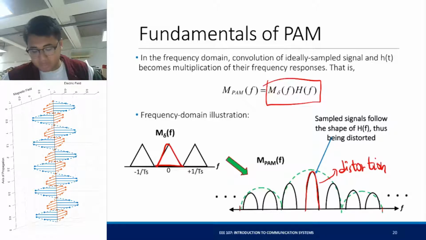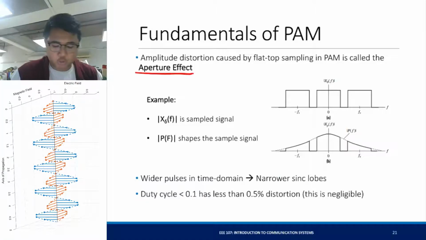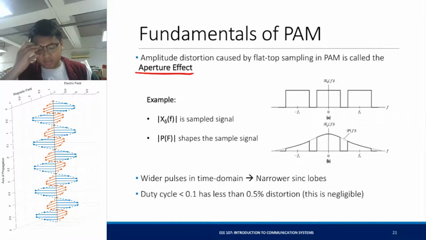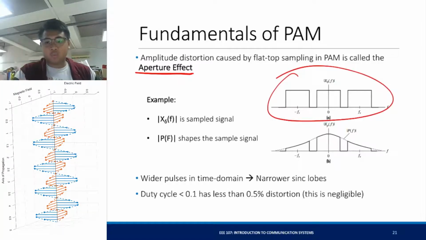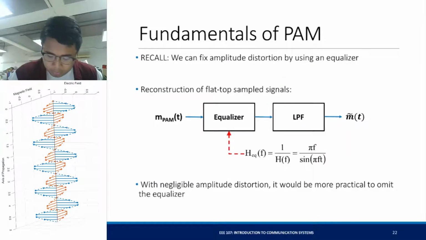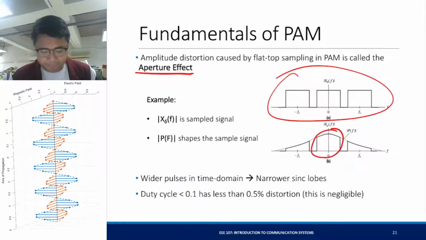It follows the shape of H of f, and this is called the aperture effect. If your ideally sampled signal has this spectrum and you pass it through some pulse h of t, the output will be distorted as you see here. So the pulse shapes your sampled signal.